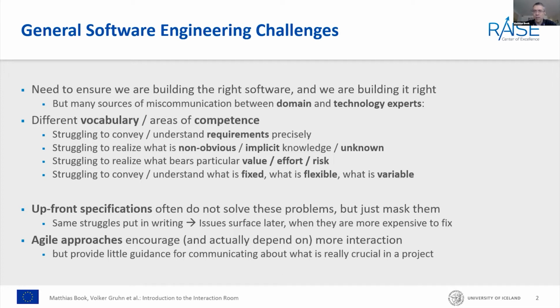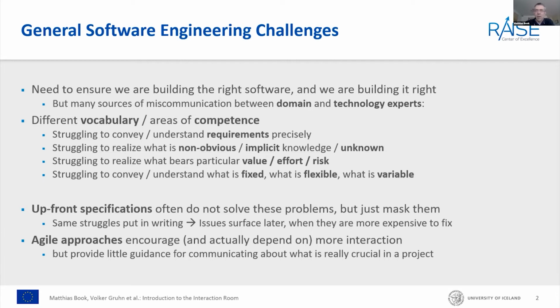We're just putting them in writing, and then we realize later where those documents that we created at the beginning are lacking, because everyone is just like dumping the knowledge into the document, but still not putting down there what is implicit knowledge, what is tacit knowledge, what is non-obvious knowledge. So like we have the same issue. It's just in a document, and whether the document is read and understood at the right point in time is not a given. At least that's experience from large information system projects.